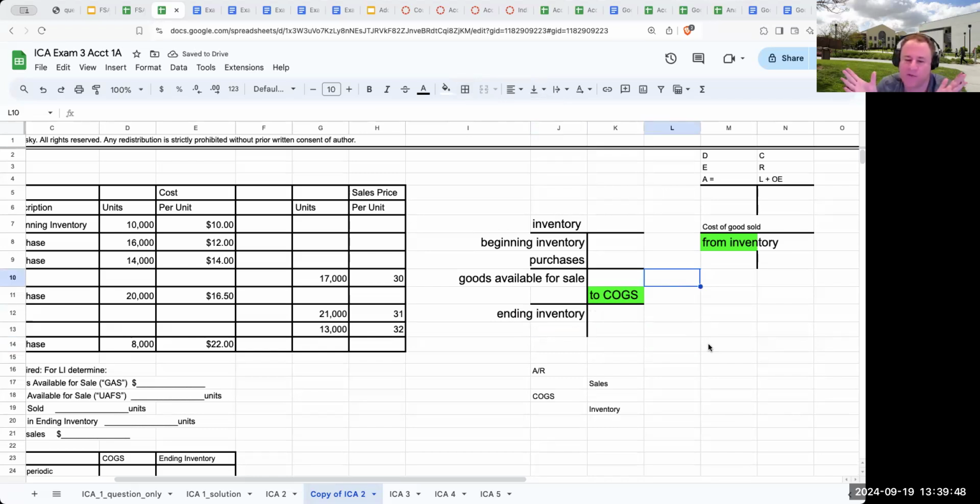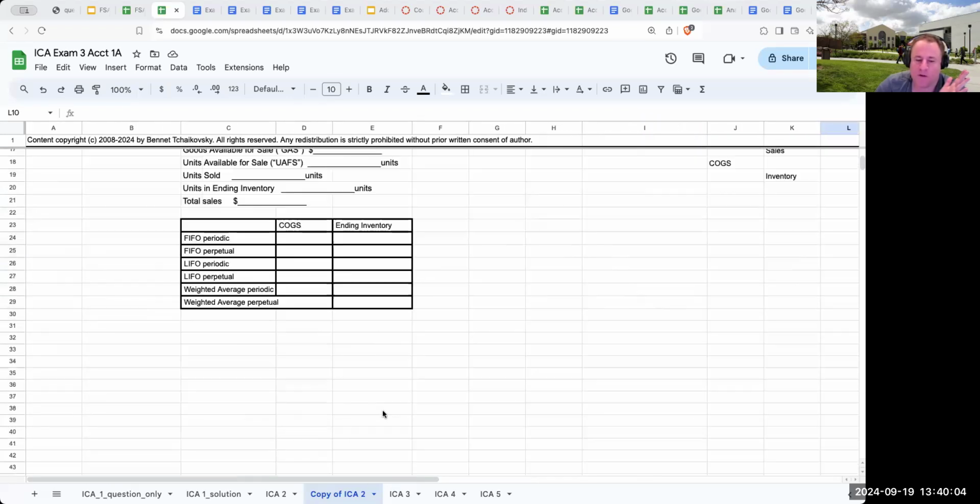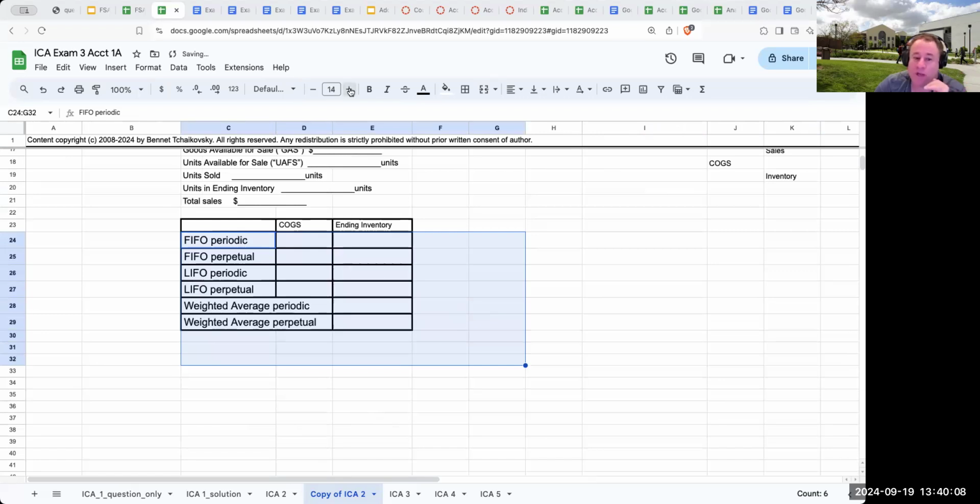Okay, so this is how it basically flows. The process of doing inventory costing is figuring out that there are different methodologies. We have FIFO, LIFO, and weighted average, and within those, there's both periodic and perpetual.